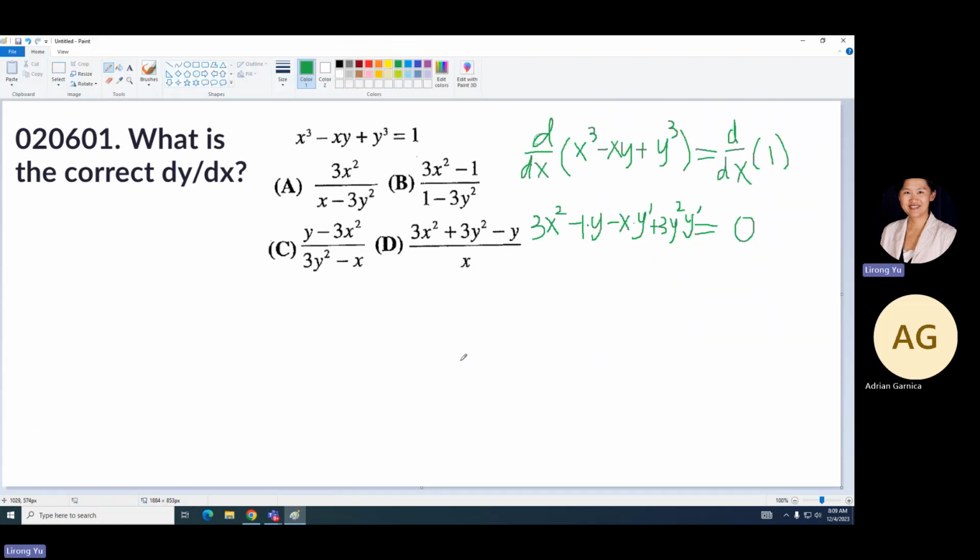Right, so we finished differentiating the left side and right side. Please get your answer. That's right, thank you. So you realize that we are trying to find the dy/dx, which essentially is y prime.